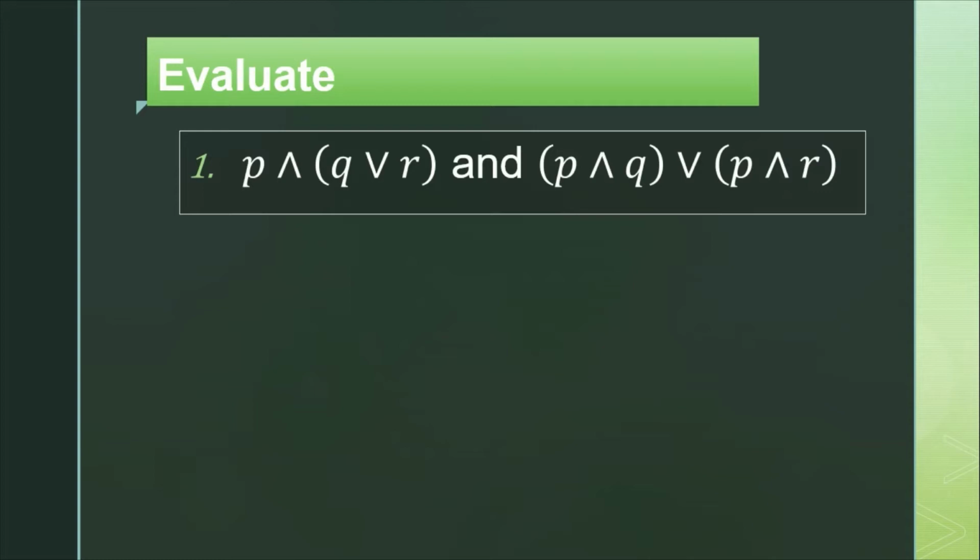If you are asked to evaluate, meaning you have to evaluate the statement first and compare it to the truth table of this statement, let's check if both have the same answers. But to tell you, these two are just equal.